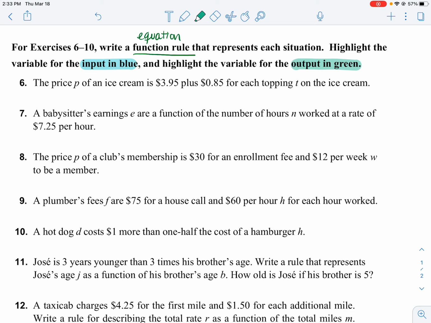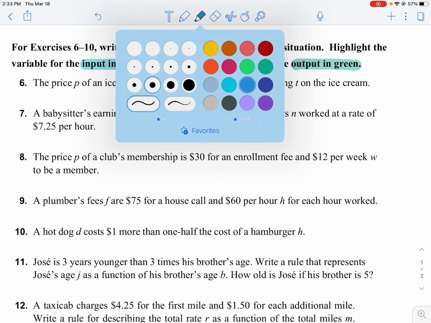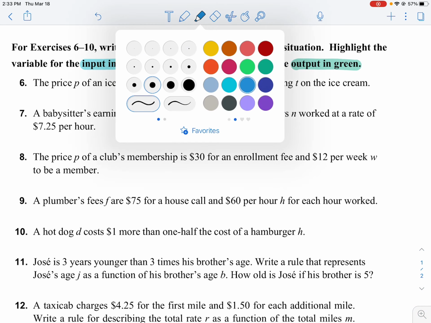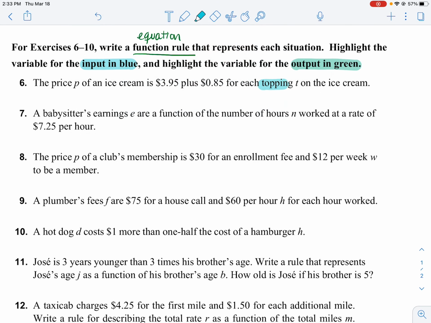So the amount of toppings we want to purchase, that is going to be the input. Whatever we depend on is the input. That's our independent variable. So we're depending on the topping, so that's my input. And the output, we want to highlight in green, would be the price P.